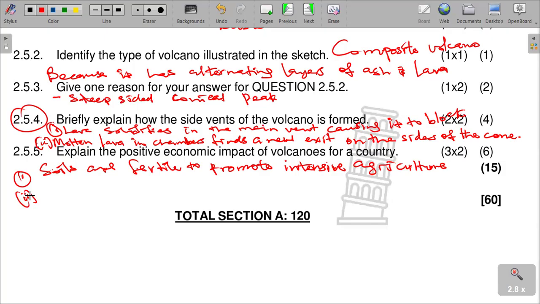Therefore, we can also talk about how high yield leads to more exports, that is foreign currency.